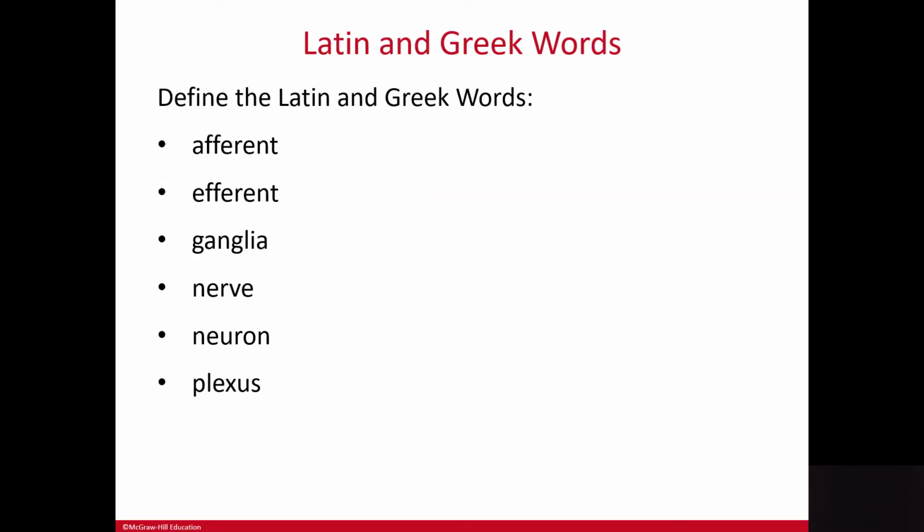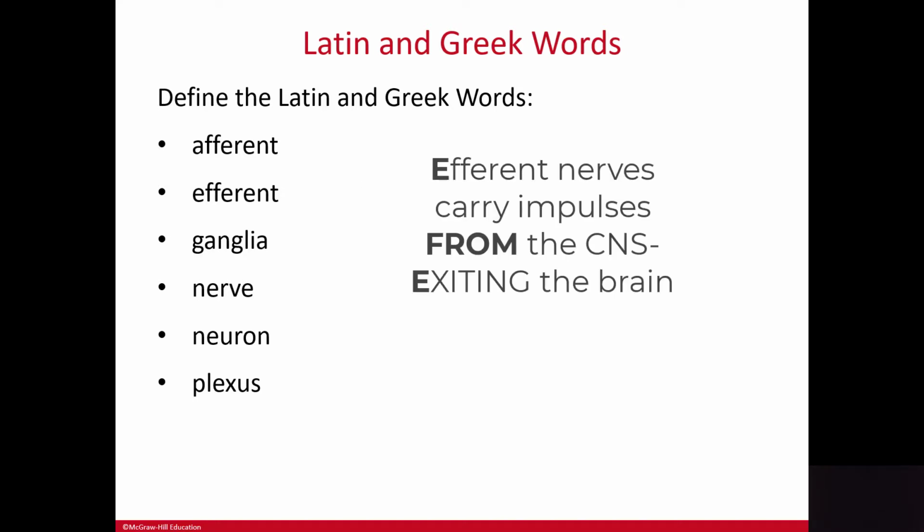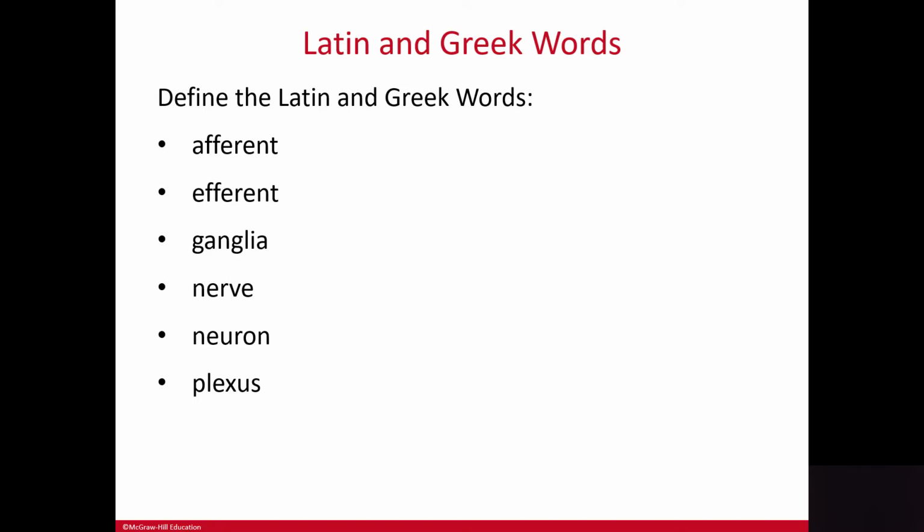Okay, so here's some terminology review. Afferent and efferent, I feel like we covered those terms, but they're still pretty confusing. Afferent means conducting impulses toward the CNS. Remember A, arriving at the brain, and efferent means conducting impulses away from the CNS. Remember E, exiting the brain.